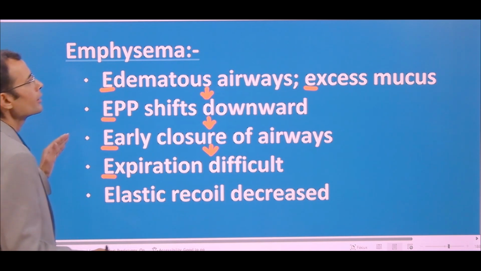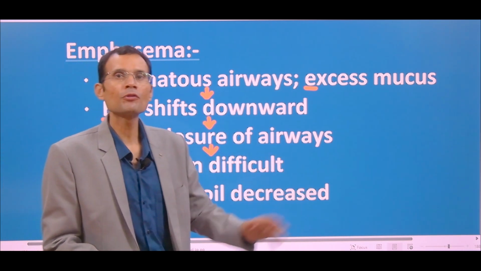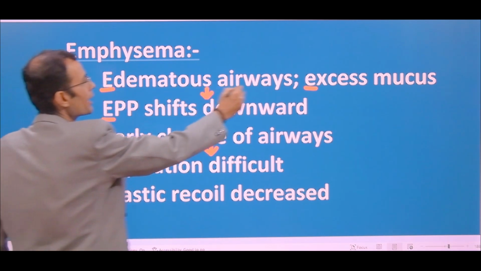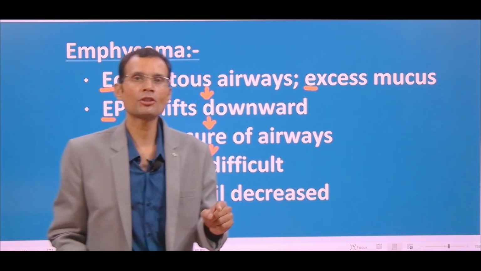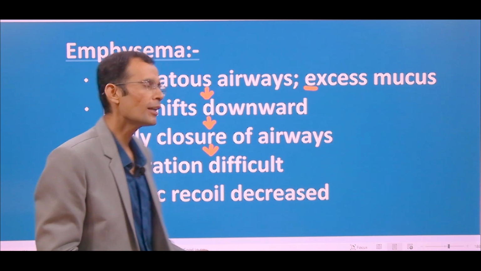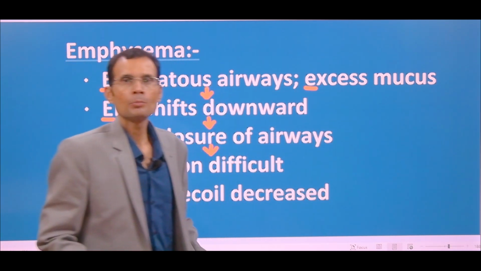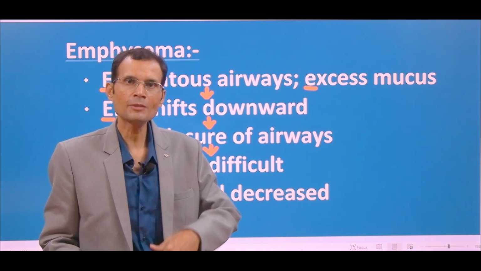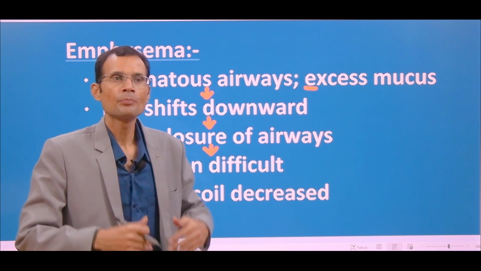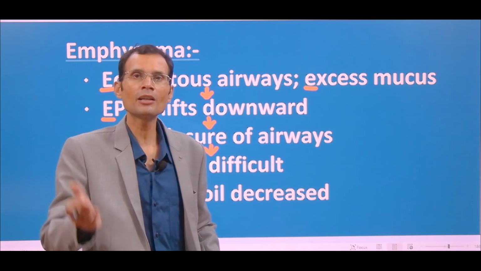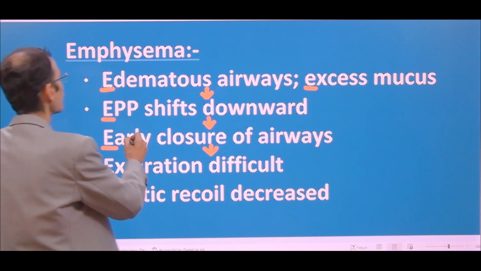Finally, let's see those 6 E's which will make you remember the entire disease process. Edematous airways. Yes, there is inflammation of the airways, edema of the airways. Their airways are narrowed. Excess mucus. Excess production of mucus, plus the mucus clearing mechanisms are damaged so mucus cannot be cleared, mucus plugs are formed.